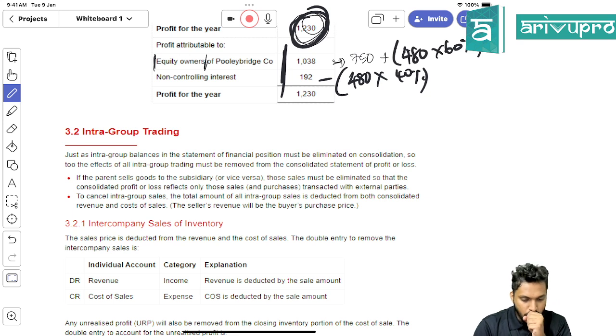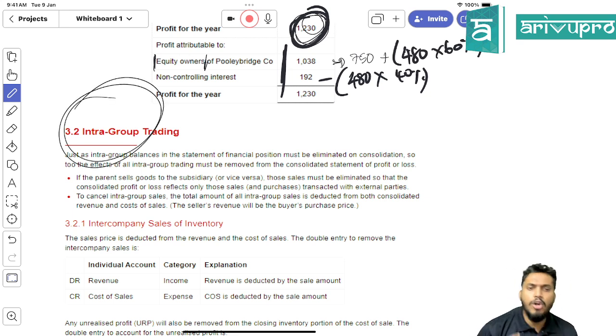So same adjustment, which is intra-group trading. So you all know the understanding of intra-group trading, right? What is intra-group trading? Is there any sales or purchases, or any trading between the parent and the subsidiary? If you find any trading between them, you need to eliminate them.